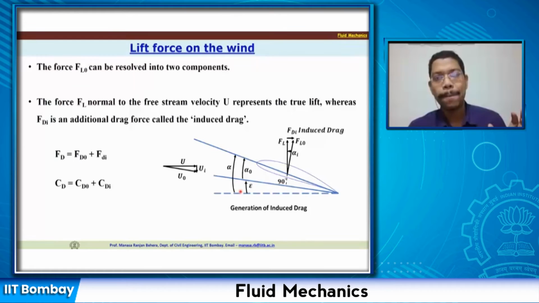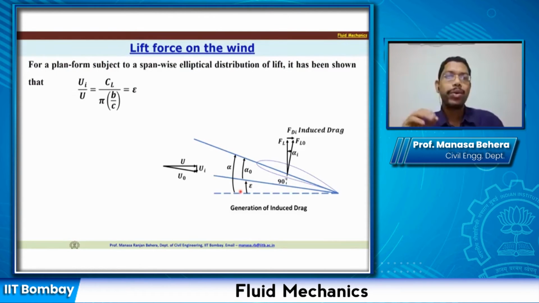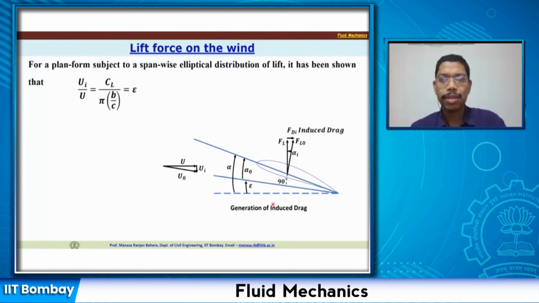All right. Now let us look at an airplane wing or a planform subject to a span-wise elliptical distribution of lift. Span-wise elliptical distribution of lift means you have the span here, and along this you have some lift distribution, and that distribution is going to be elliptical.